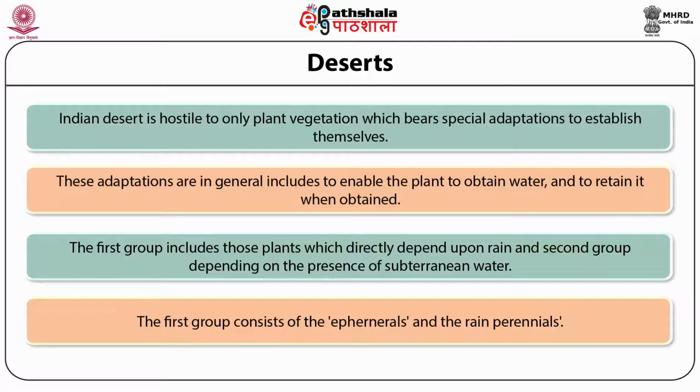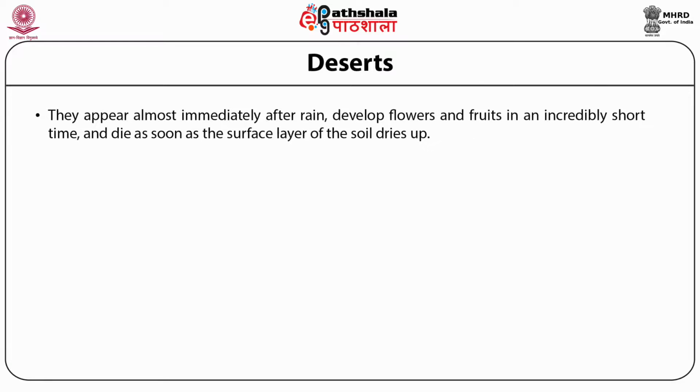The ephemerals are delicate annuals free from any xerophilous adaptation. They appear almost immediately after rain, develop flowers and fruits in an incredibly short time, and die as soon as the surface layer of soil dries up.